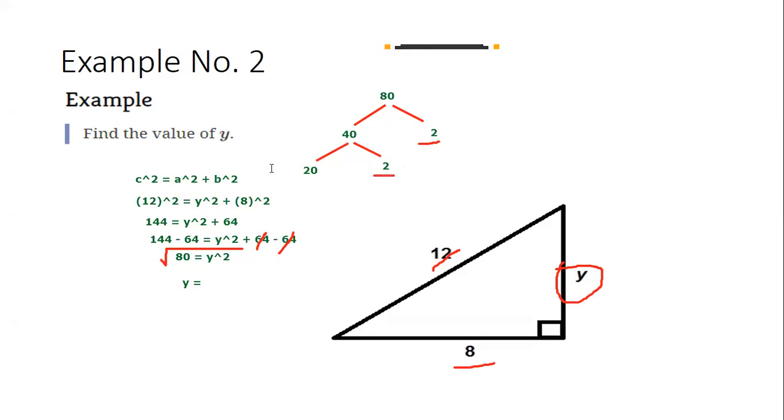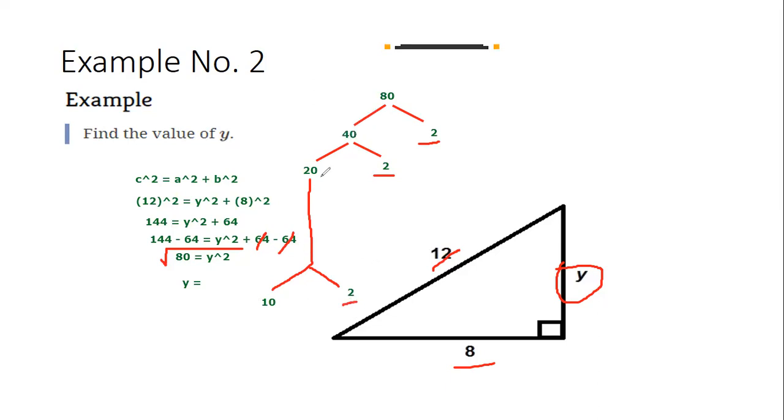So 20, factor it out using the prime factorization. I'm going to divide 20 by 2 again. 20 divided by 2 is what? That's 10. Again, 2 cannot be factored anymore.